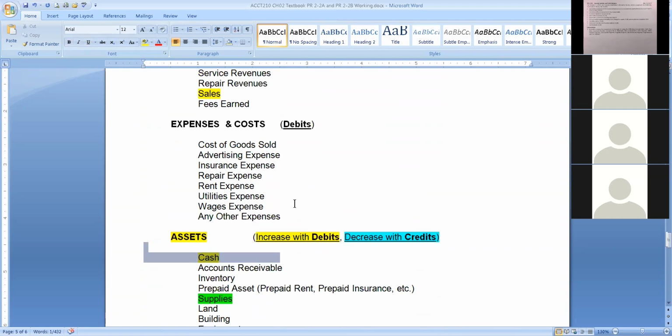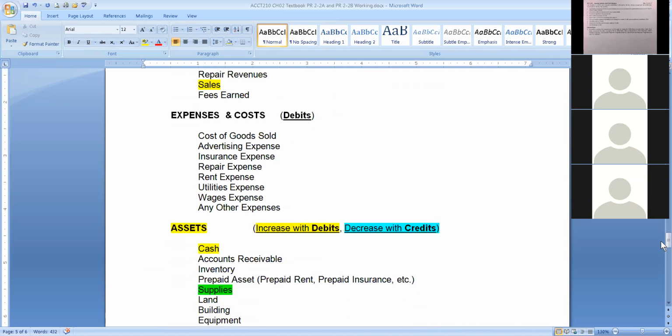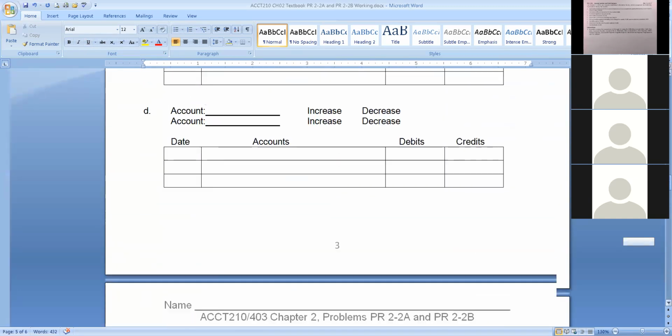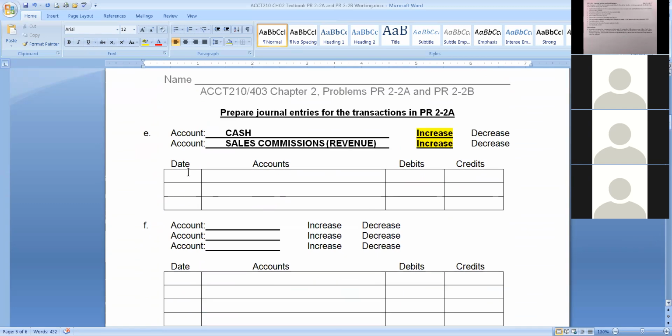But again, we already knew that because if sales are credits, then whatever account's on the other side has to be a debit. That's another thing about, well, I don't think journal entries are easy, the debits and credits, but if you get one side, usually you have the whole thing. So for instance, sales commissions.